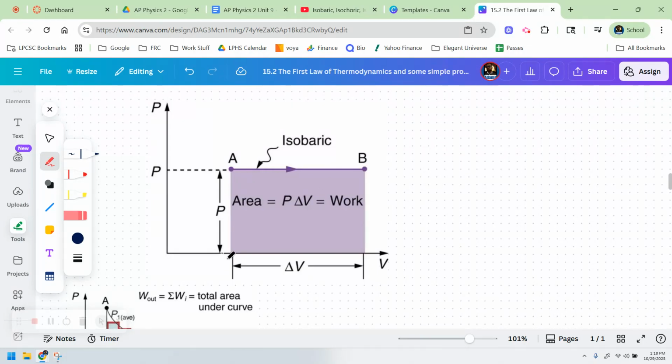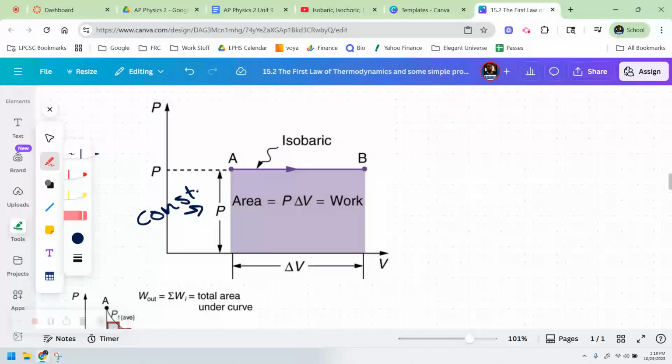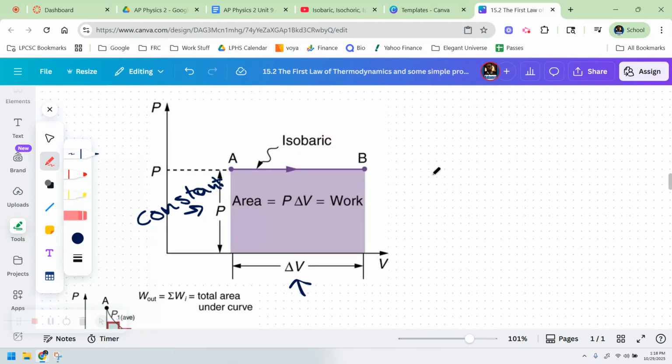Because my pressure remains constant. Notice that there's no change in pressure, okay? That's a constant pressure. And then I have a change in volume, right? So we said that the work out of a system in an isobaric process is equal to the pressure, because it doesn't change, times the change in volume.